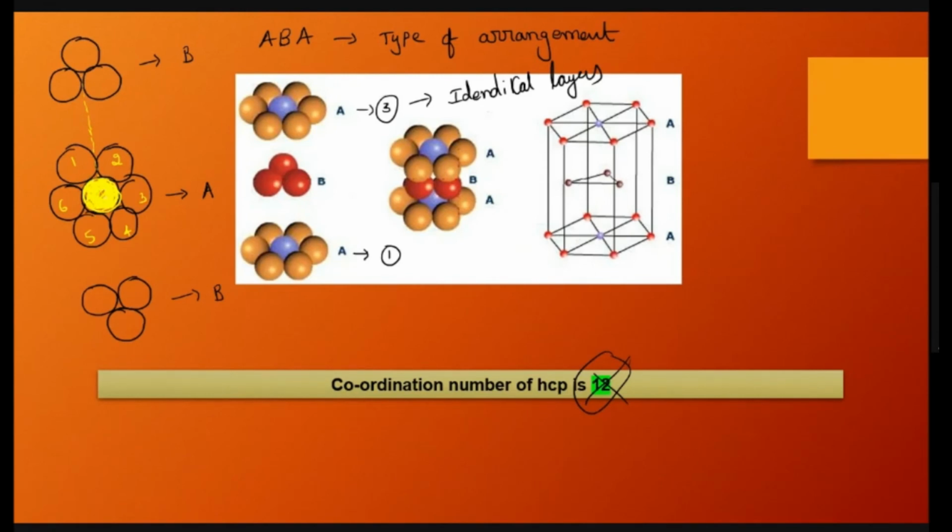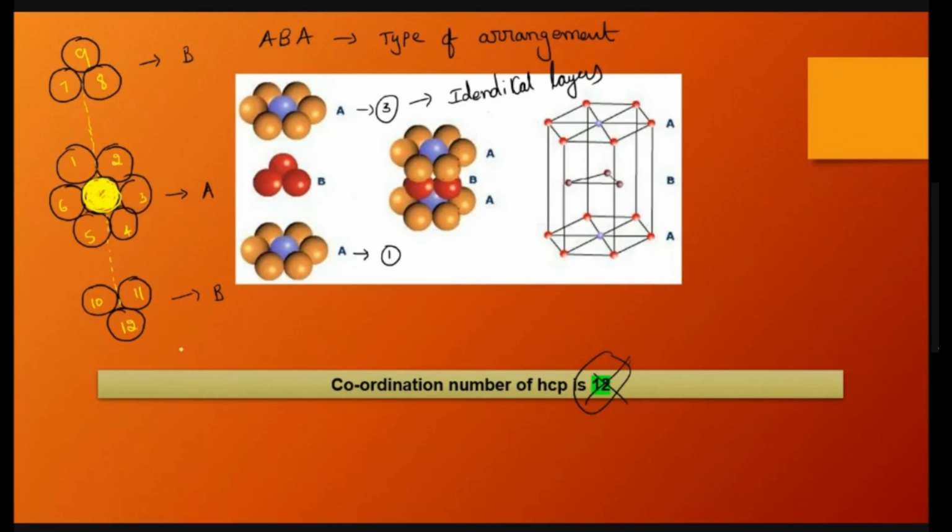So if it comes and sits on this, the center atom, the yellow colored atom, is going to touch these three atoms. So it is going to touch the seventh, eighth, and ninth atom from above. Similarly from below, if these three atoms come and sit below, the center atom is going to touch these three atoms, that is the 10th, 11th, and 12th atom. So finally the yellow colored atom is completely touching 12 atoms.